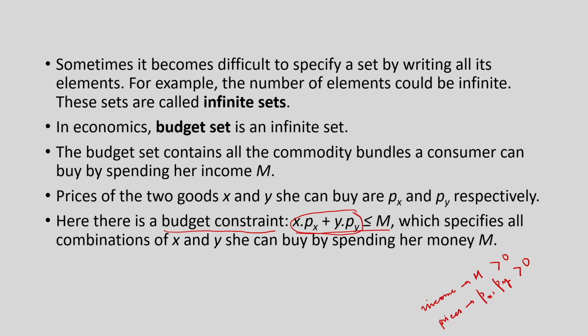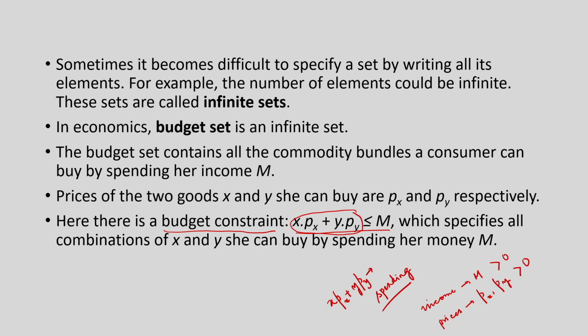Then the total spending of the family is what? This is the total spending, the left hand side. Right? The left hand side is the total spending, and this budget constraint is telling me that the spending must be less than or equal to the income that the family earns. Right? That is what the budget constraint is.